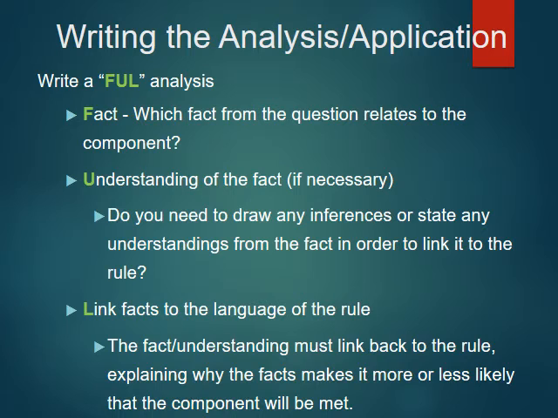As trivial as this example is, I think you can use it to understand my larger point: you should explain that wincing evidences an anticipation of harmful or offensive contact, then you have to explain that inference. You have to state your assumptions. You have to state your understandings that impact your interpretation of that fact and impact your ability to link that fact to the element of the rule, the component.